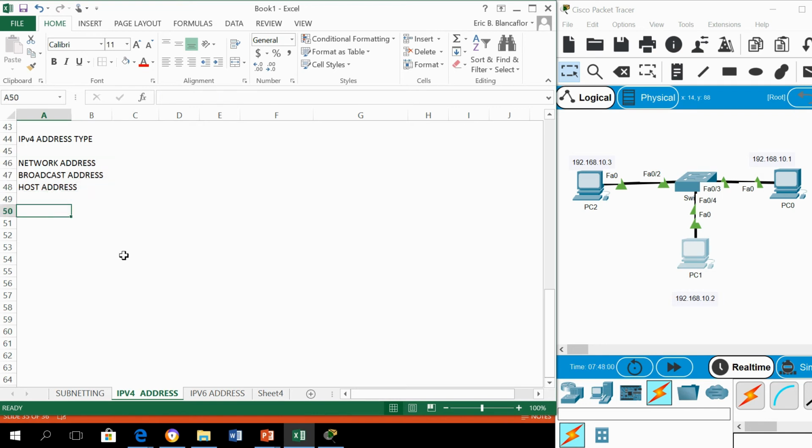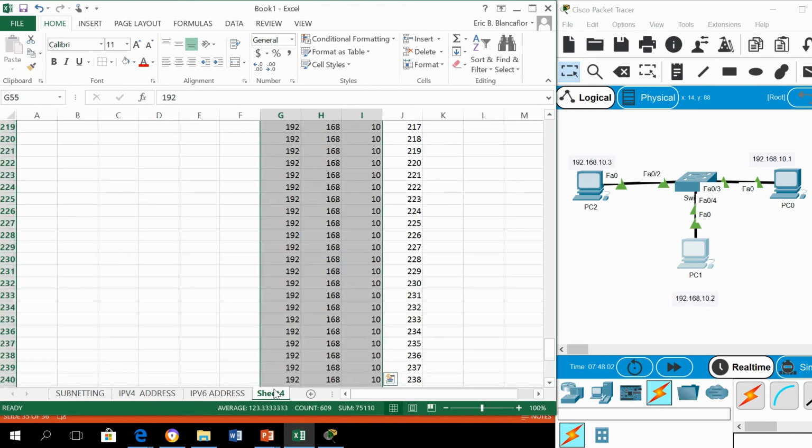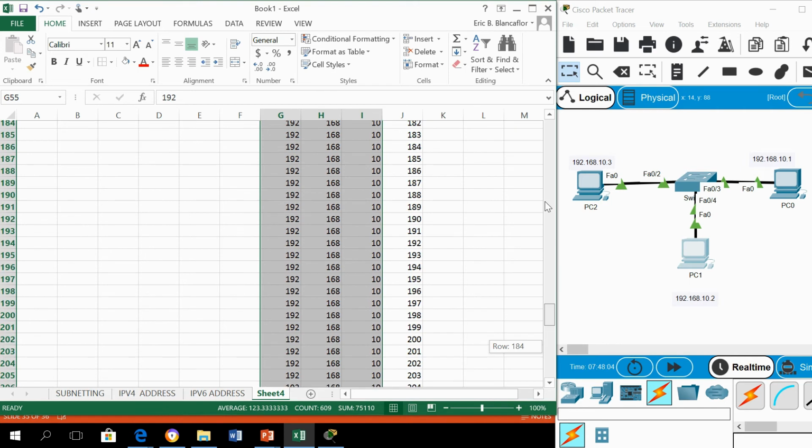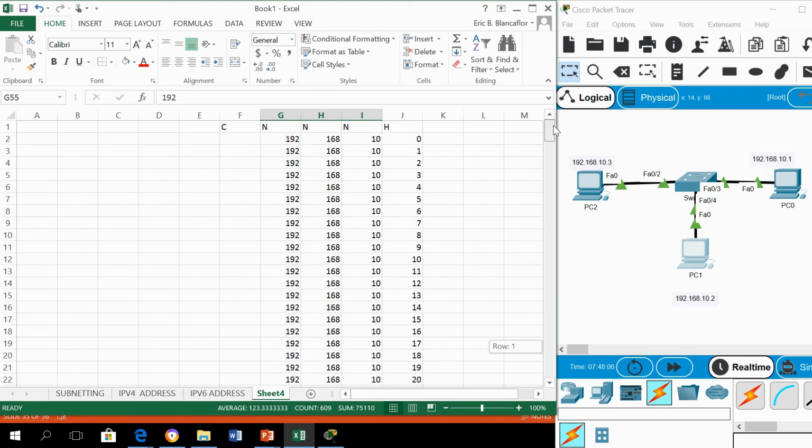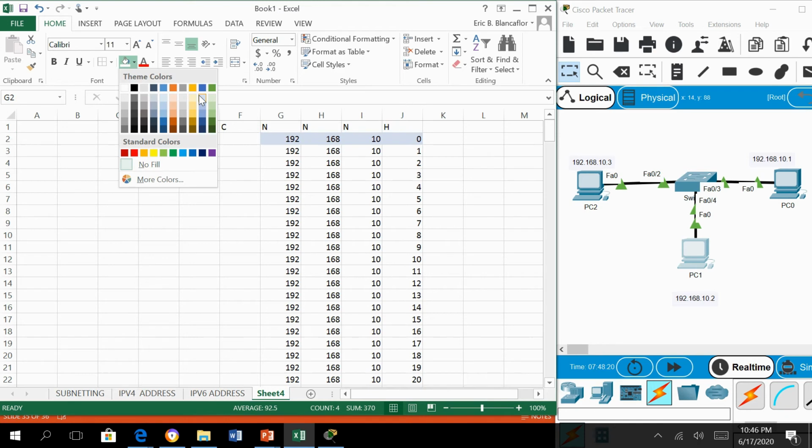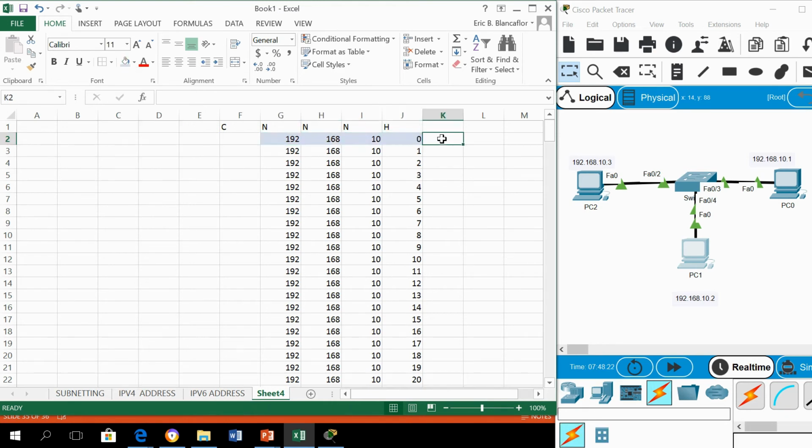Usually, for example, let's consider my range of IP addresses here. Again, the sequence is very important and this is how it looks. I have here a class C, right? The first one, let's put some color, is the network address.